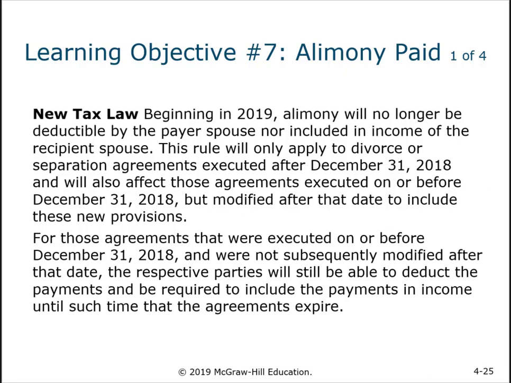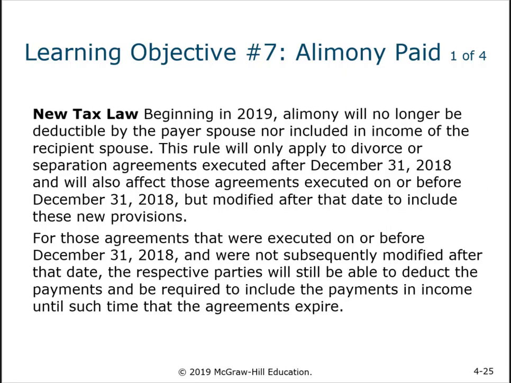But if it's prior to that, which there are going to be a lot of people for a long time that have agreements that come from before that time, they continue to have a deduction for alimony. And you need to make sure that they haven't made a substantive change to that agreement since the new rule went into effect. So if they redo their whole alimony agreement, then that could make it no longer deductible.